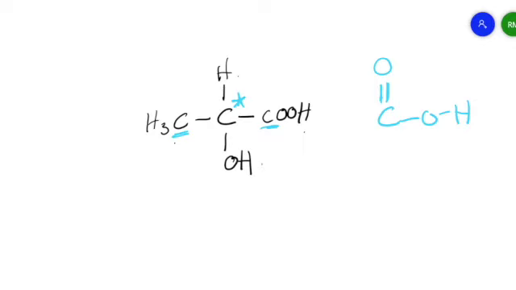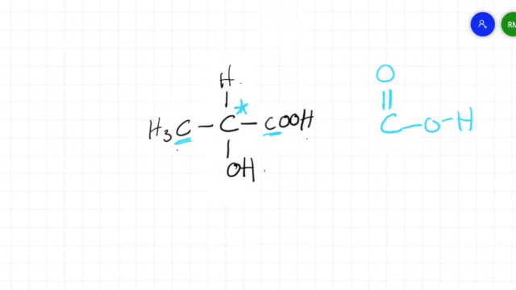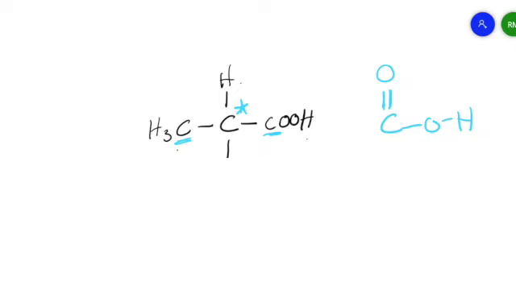Another example would be if I were to, say, replace this OH with an NH2 group. Again, they're all different, meaning that this would again have a chiral center over here.